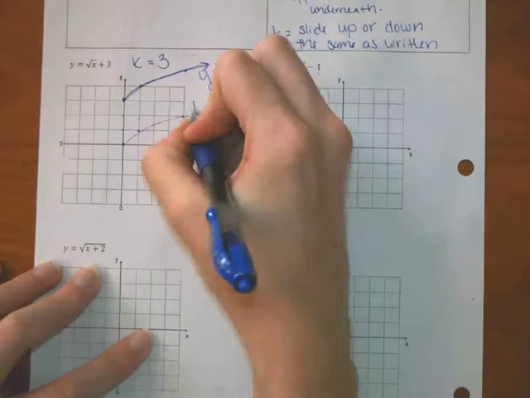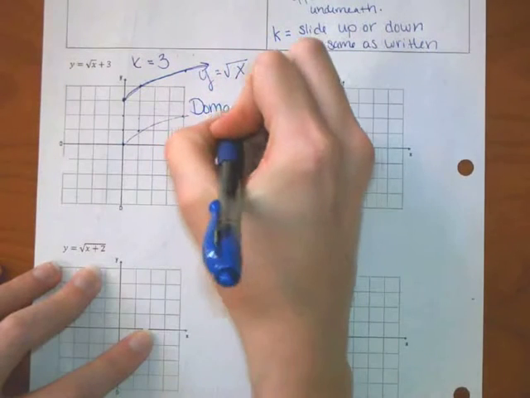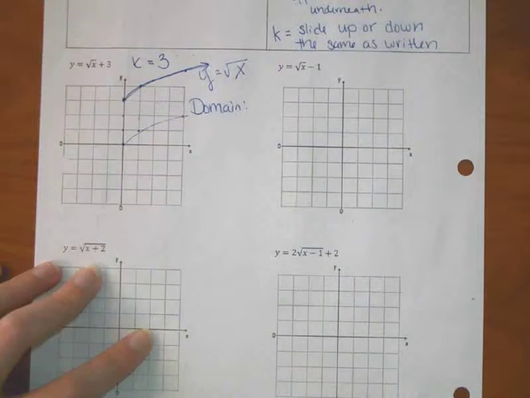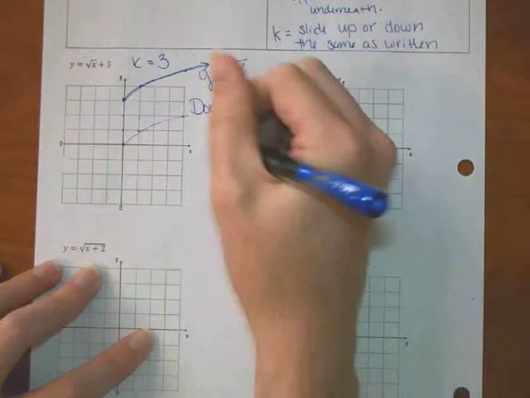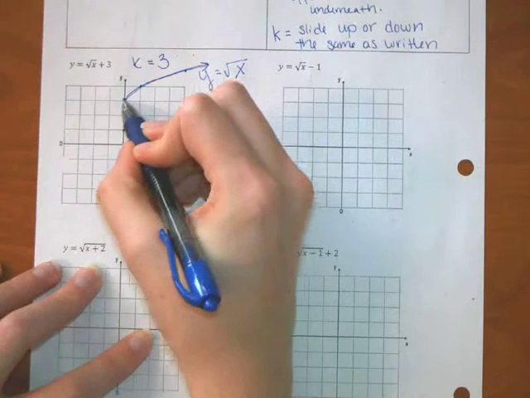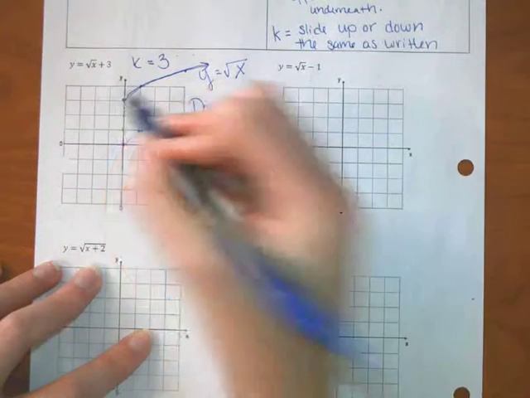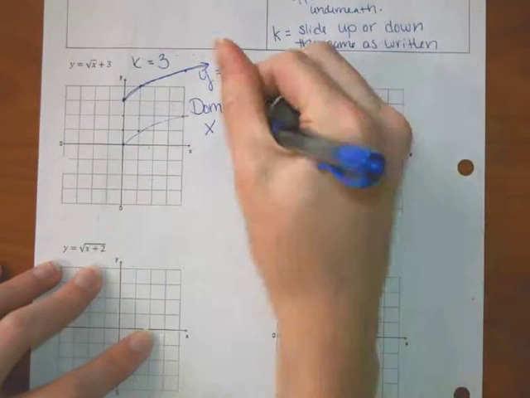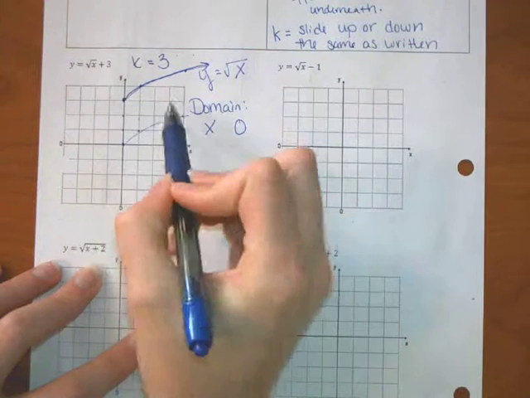All right, so what's the domain of my new graph? Where does my x start at? The point 0, 3, which one's my x? 0. So we started at 0. Am I going to get bigger or smaller?